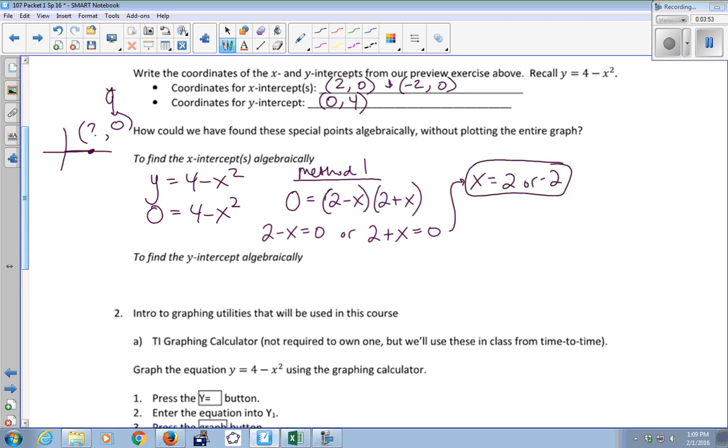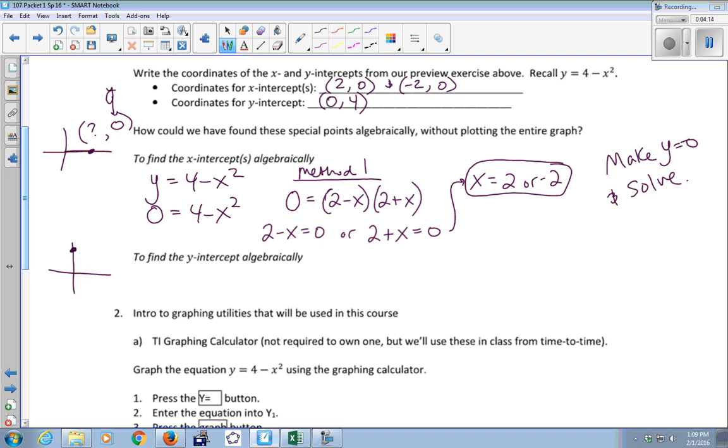And that's what we came up with just by graphing. So in general, to find x-intercepts, make y 0 and solve.